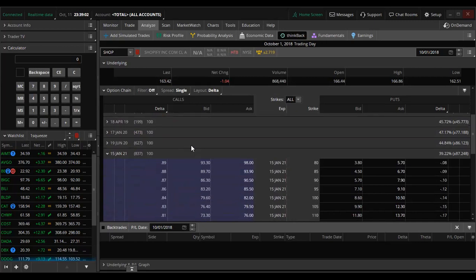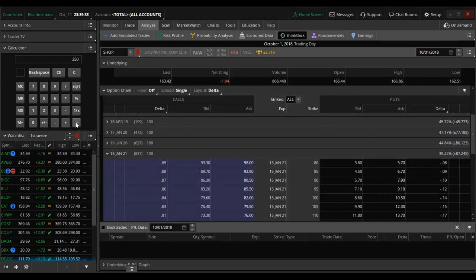Now, had you bought a contract for this stock based on the expected move of the stock in the next 2 years, which was $87, we would take the price of the stock, 163, and add the expected move to it, which is $87. You would come up with 250.